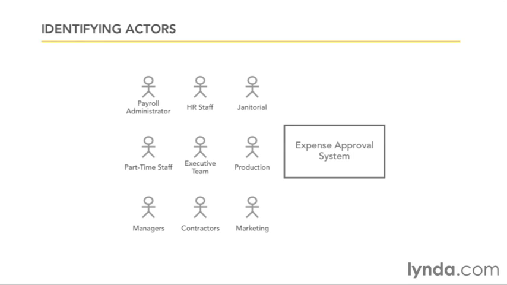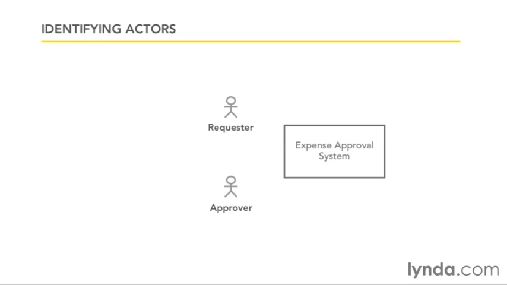If this particular situation comes down to somebody requests and somebody approves, all that might be needed to describe this completely successfully is that you phrase the actors as requester and approver. Not a job title, not a specific role, but a perfectly acceptable name for the actors who take part in this particular use case. And it's quite common, as in this situation, that use cases will involve multiple actors.